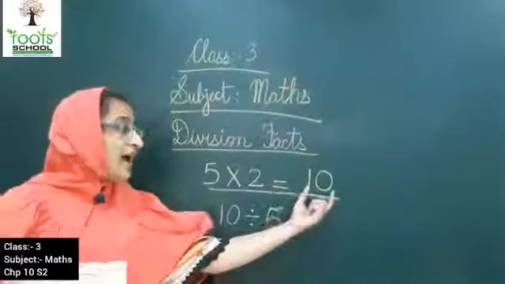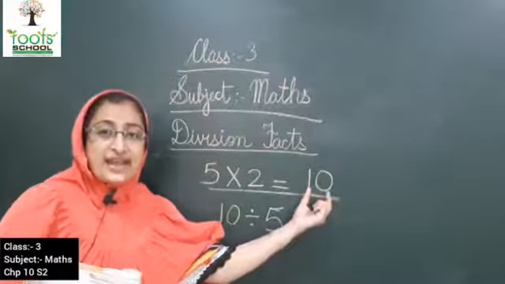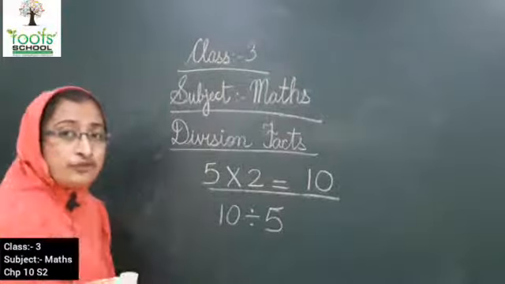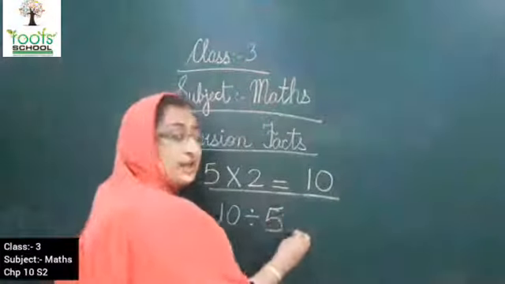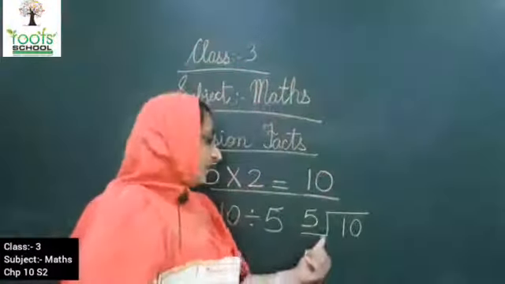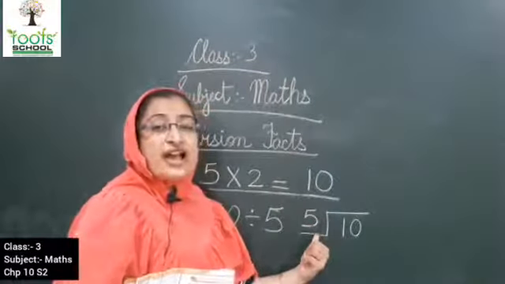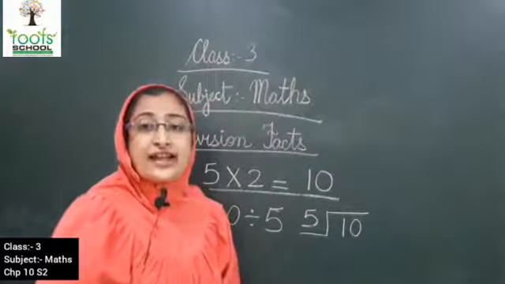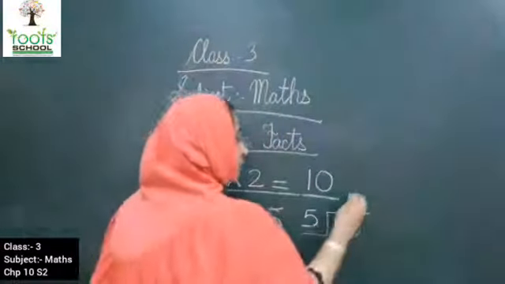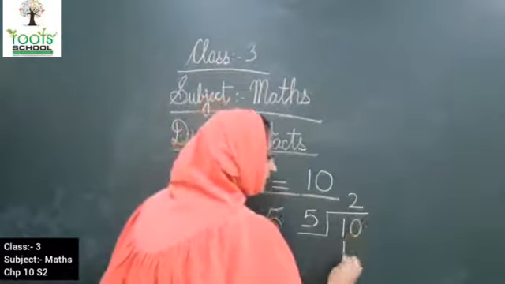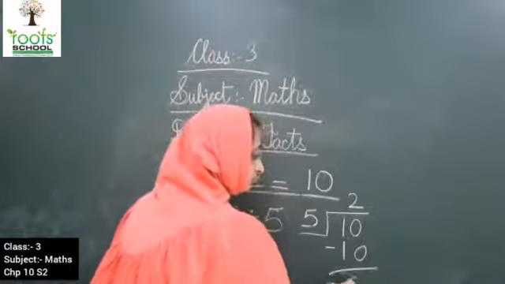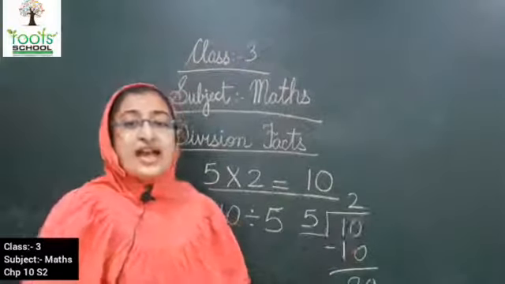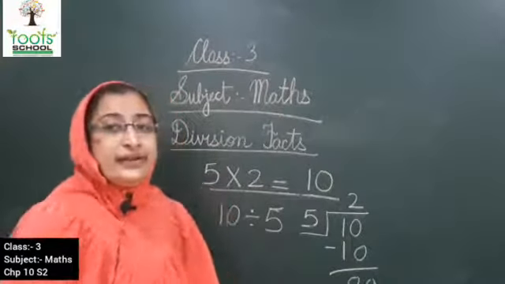I told you all to divide this number 10 by 5. On division, 10 is your dividend and 5 is your divisor. Now in the table of 5, when does 10 come? 5 2s are 10. So here 2 is the quotient and 0 is the remainder.